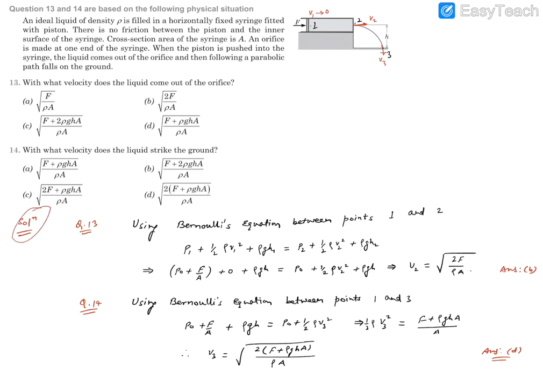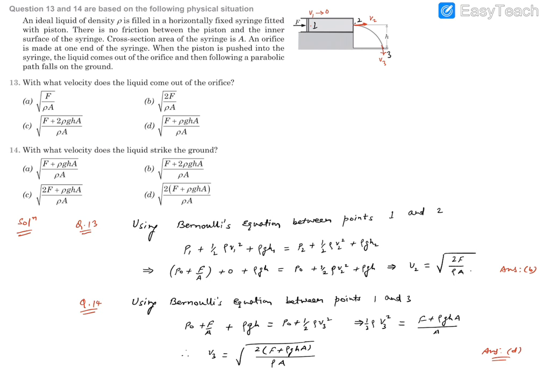To solve it, let's say for question number 13, which says with what velocity does the liquid come out of the orifice. That means we need to find the velocity v2. So we can use the Bernoulli equation between point 1 and point 2. Bernoulli equation is basically the mechanical energy conservation equation, and it requires frictional forces to be absent.